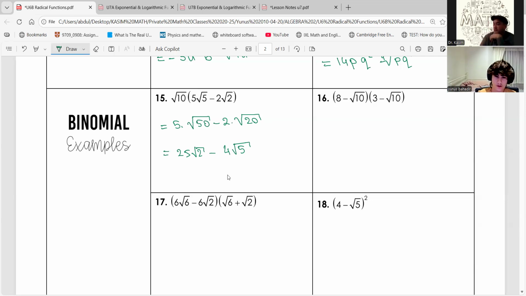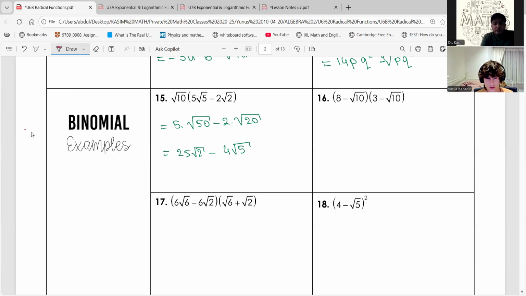Now do question 16, Yunus. Simplify and tell me your final answer. Can I ask a question about 15 first? Yes. So you said 5 times square root of 50. I don't really get what you did there. How do we get the square root of 50?